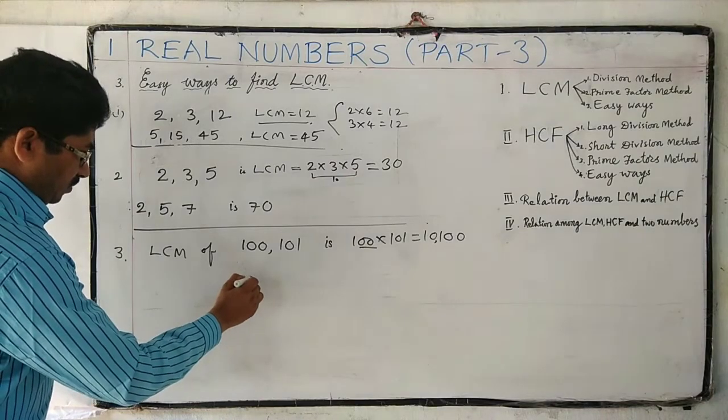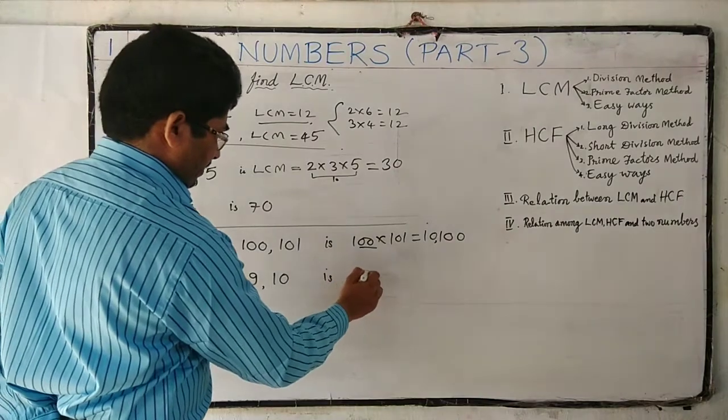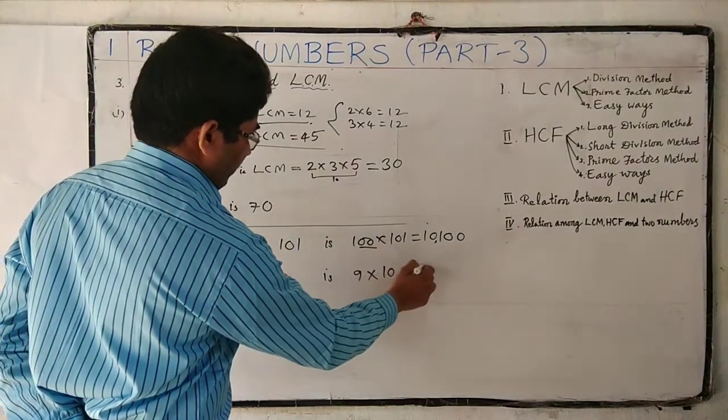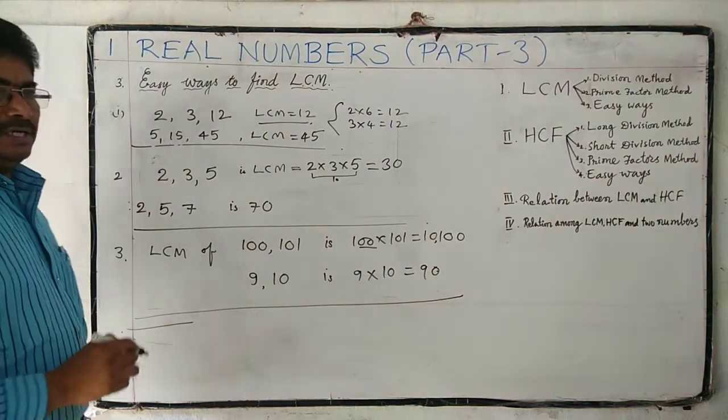LCM of 9 and 10 is 90. So these are easy ways.